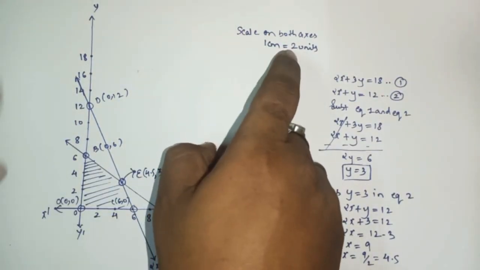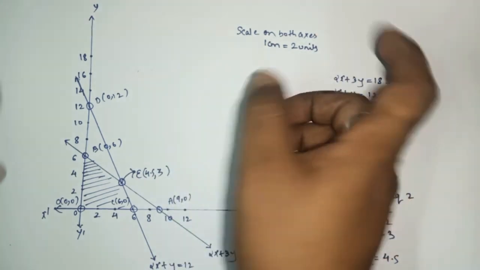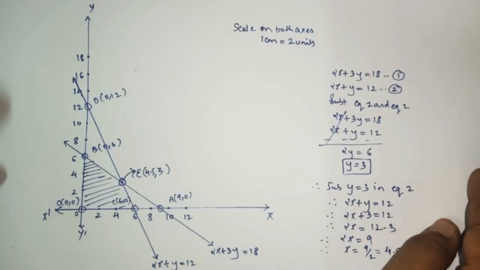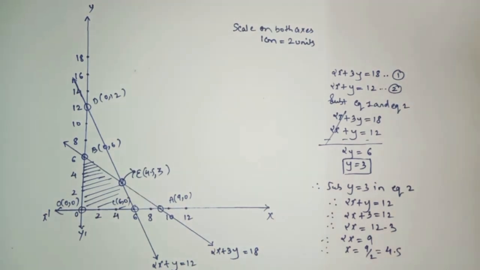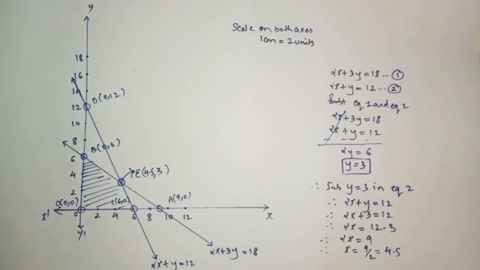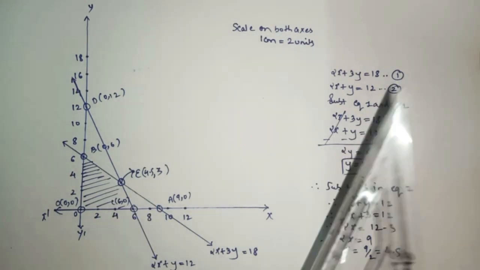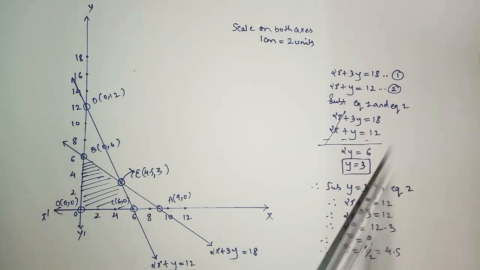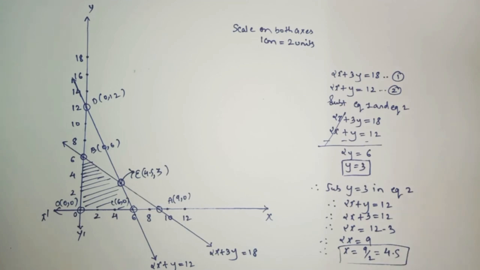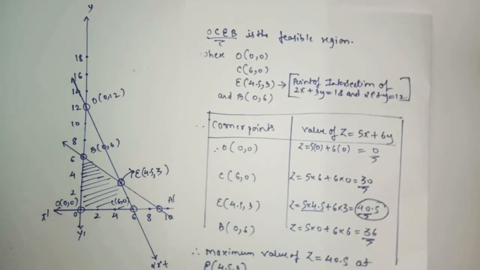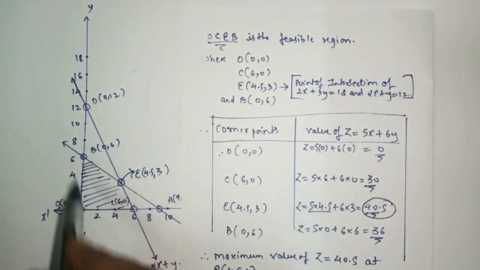Take the proper scale, it is up to you, you can take 1 centimeter or 2 centimeter, but on both axes take the same scale. Then while finding the point of intersection, always solve the two equations simultaneously to get the values of x and y.